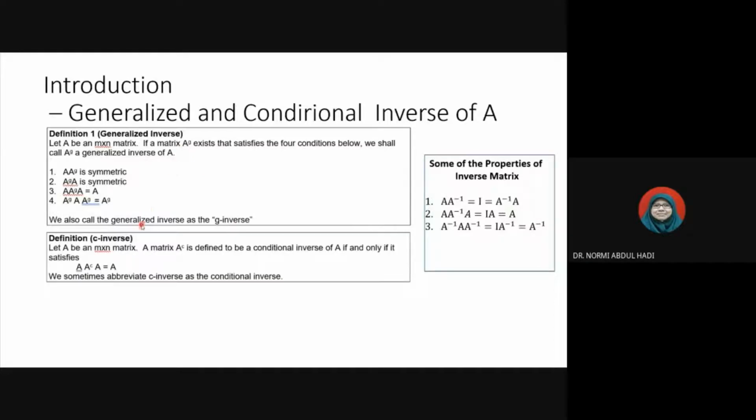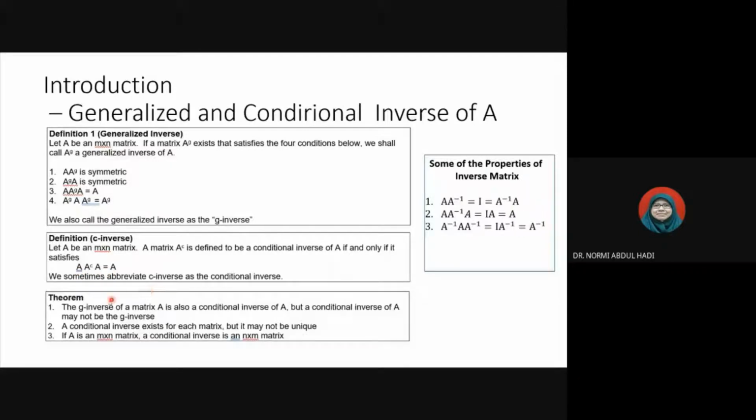And then we have another type of inverse of A, which is the C inverse, denoted by AC. The property of AC is A AC A equals A. The G inverse of A is also a conditional inverse of A, but a conditional inverse of A may not be the G inverse of A, because the G inverse of A is unique.